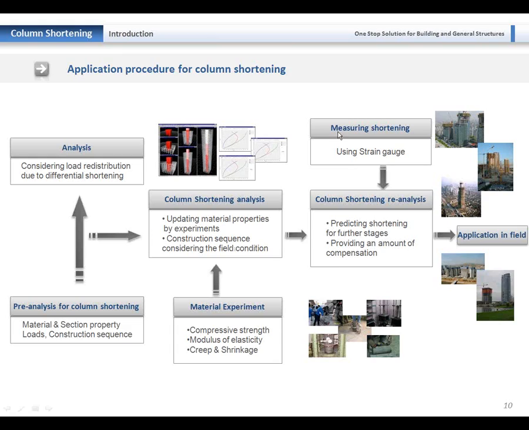Based on the strain gauge results, we will reflect them and update the column shortening length. So we will perform the column shortening analysis, and then this prediction will be applied to the field.